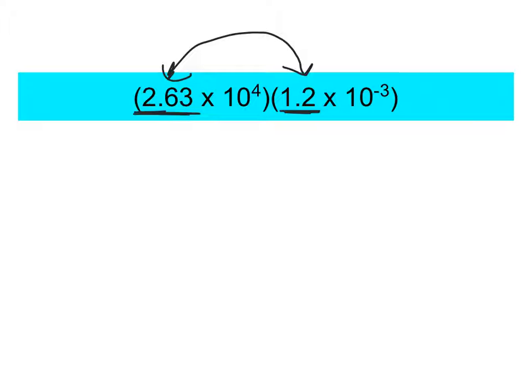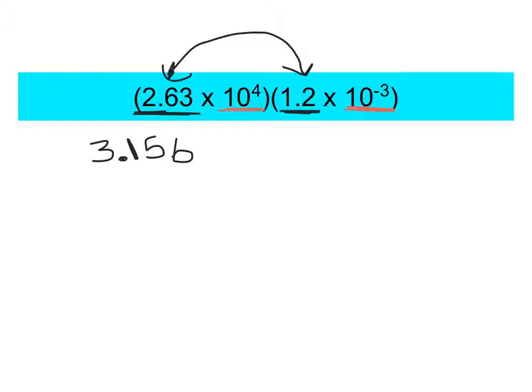Alright, multiplying 2.63 times 1.2 should give you a numerical value of 3.156. Alright, now that you've multiplied your decimals together, now you can tackle your bases of 10 along with their exponents.